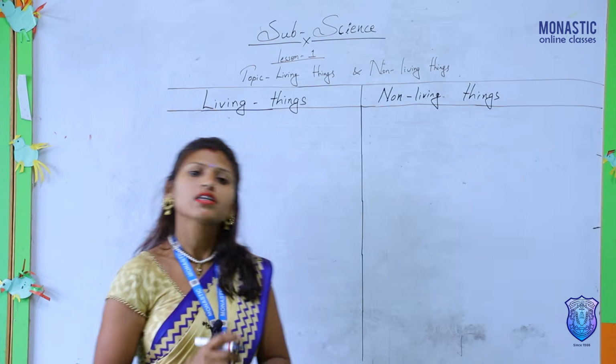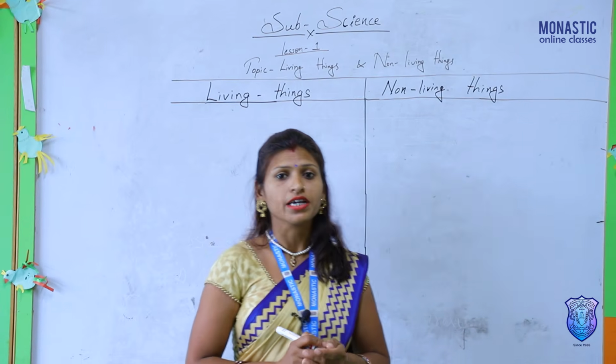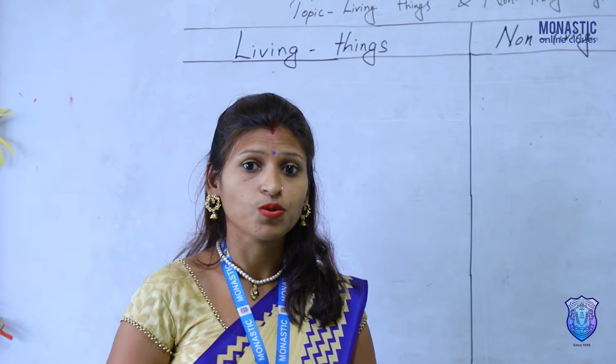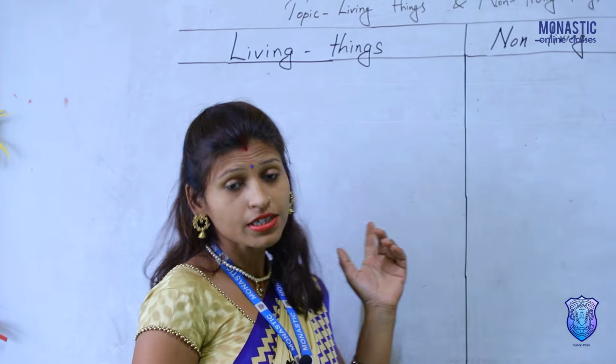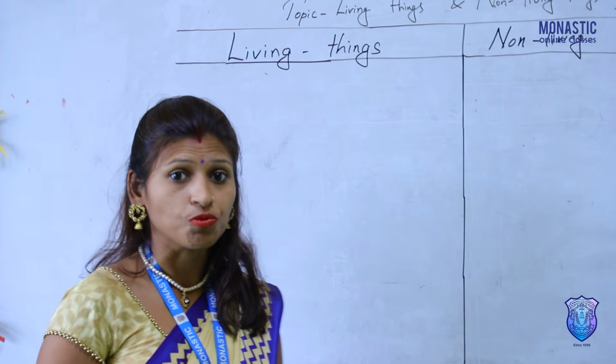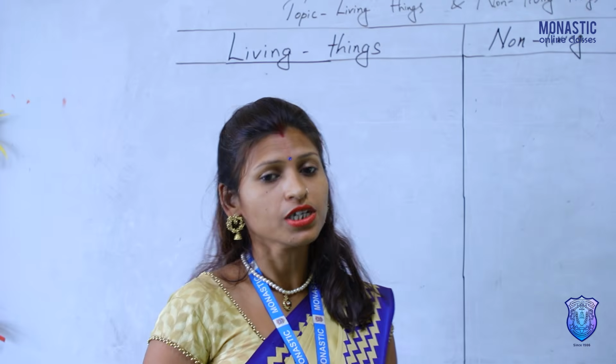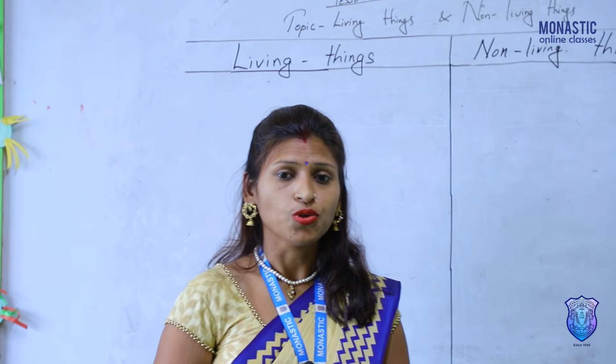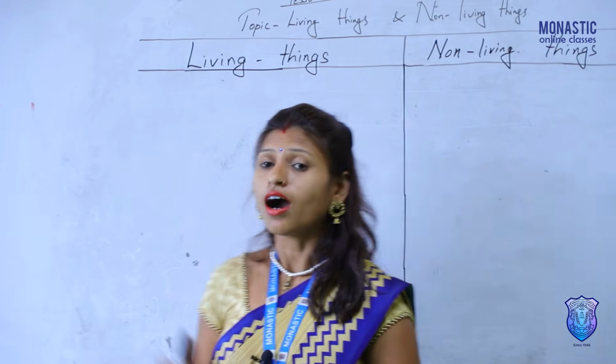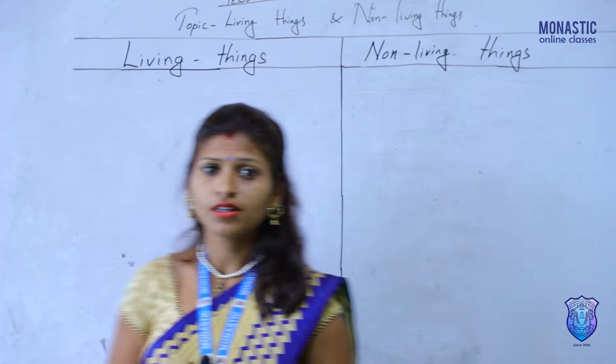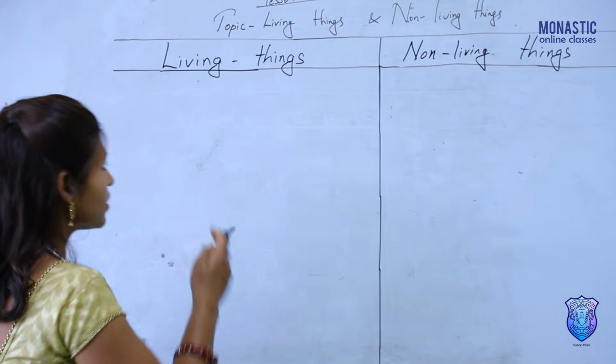At first, let me explain what living things are. Living things means those things which are alive, which have life in them. Those things which have life in them are called living things. And what are the features?